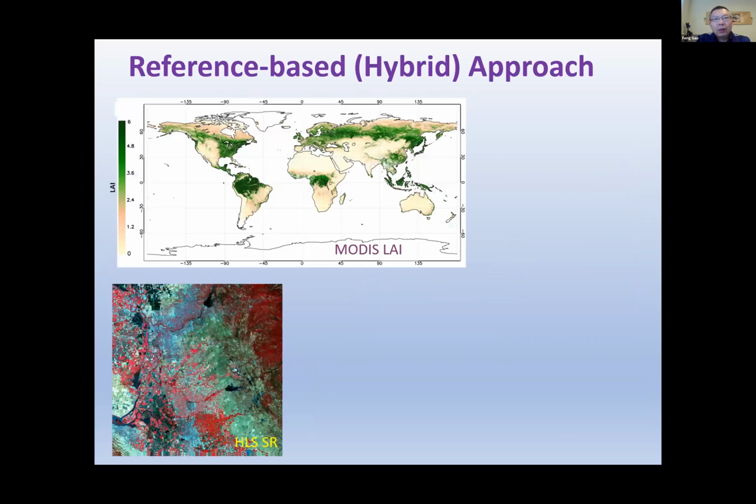Another approach was developed, called a reference-based approach, or a hybrid approach. It combines the results from a physical model and an empirical model. The idea is that we have an LAI product we can use, and we have surface reflectance from fine resolution sensors such as HLS.